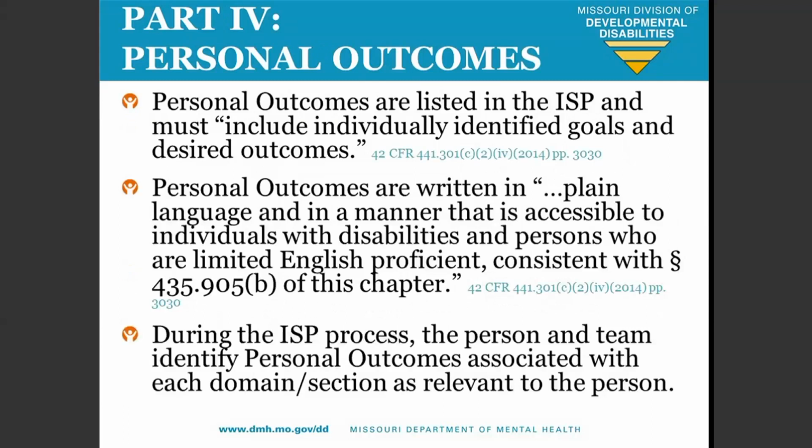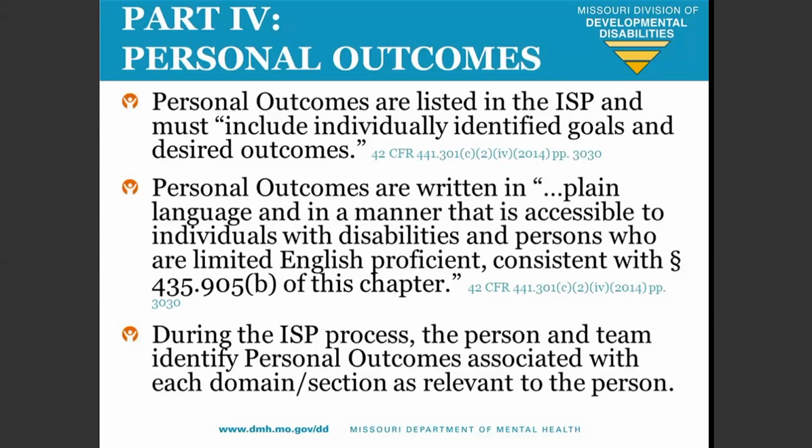The HCBS rule tells us that all ISPs must include goals and desired outcomes the person has identified. Also, the HCBS rule states personal outcomes are written in plain language and in a manner that is accessible to individuals with disabilities and persons with limited English proficiency. During the planning process, the Missouri Quality Outcome Life Domain areas are reviewed.